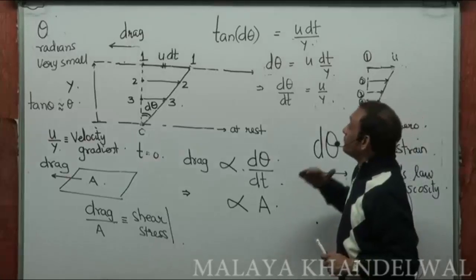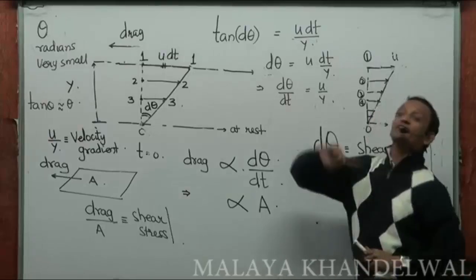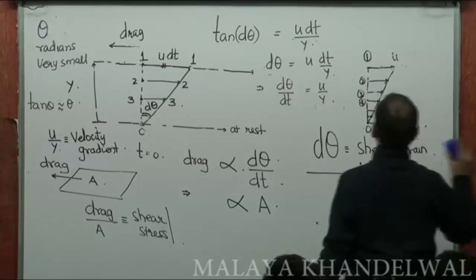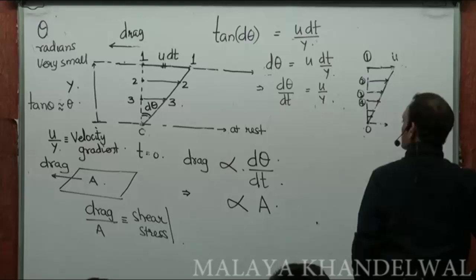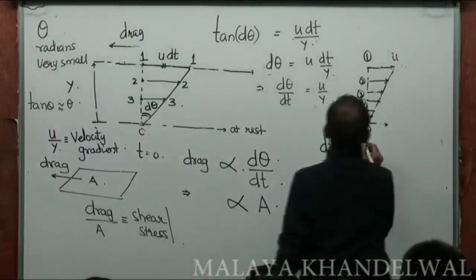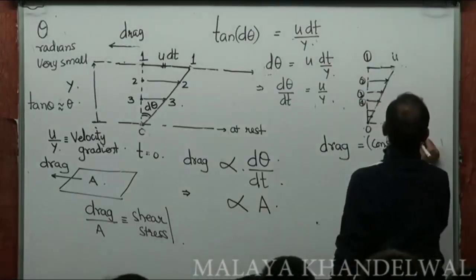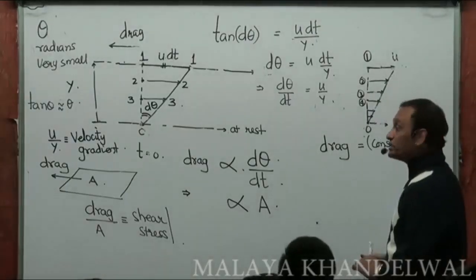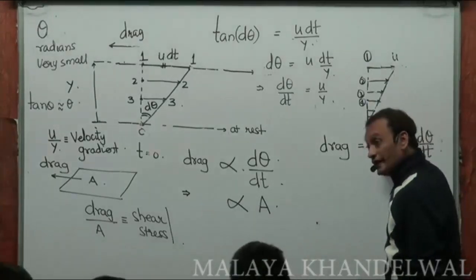If everything remains the same, if we have the same d theta dt, but we double A, then the drag will get doubled. So we can say the drag is like some constant into A into d theta dt. This constant will depend on the nature of the liquid.